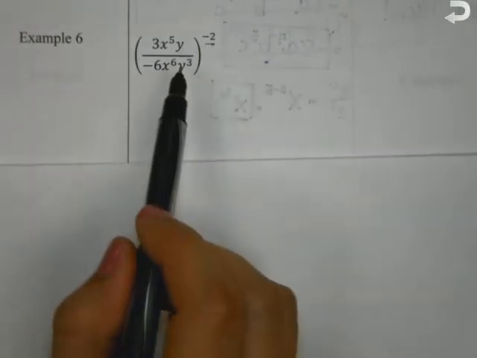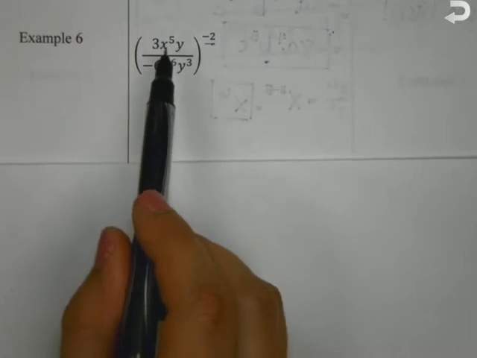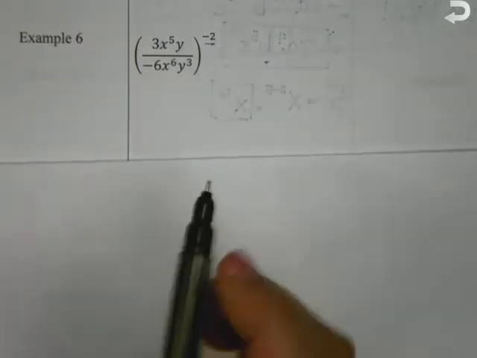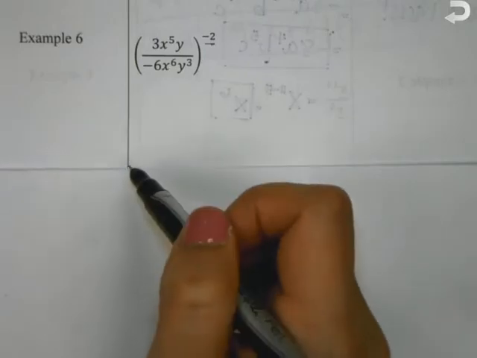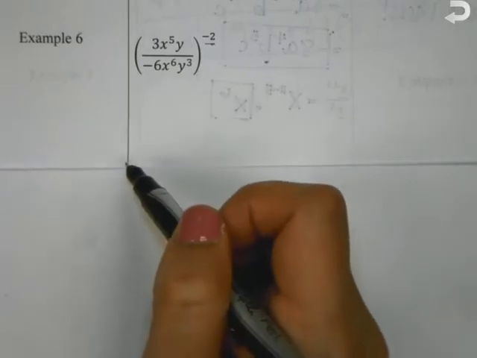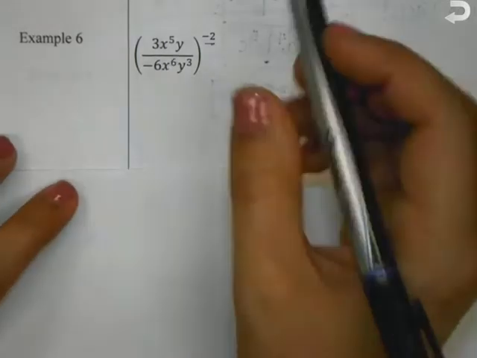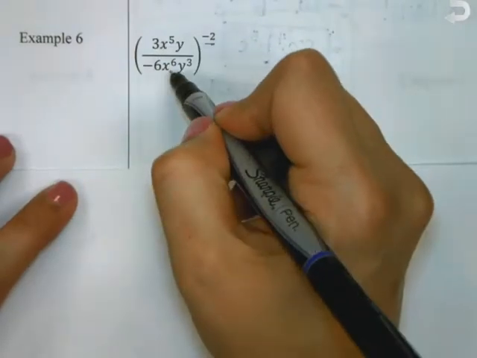So inside the parentheses, where do you guys see stuff that can be simplified? The x's and y's. Okay, so we have x to the 5th over x to the 6th. Where would my answer of x's end up? On top or on bottom? On bottom, because 6 is bigger.